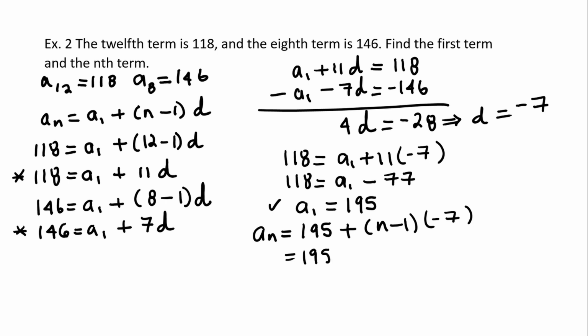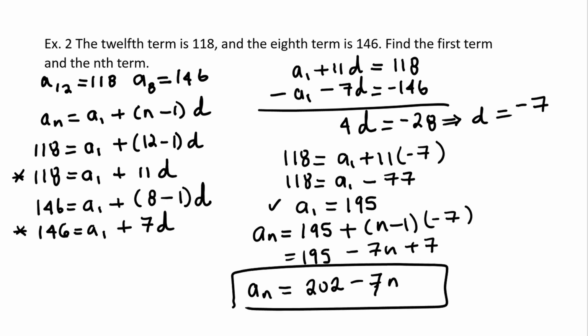So we've got 195. Distributing the negative 7, I got negative 7n. Negative and negative makes a positive 7. So a sub n is equal to 195 plus 7, which is 202, minus 7n.